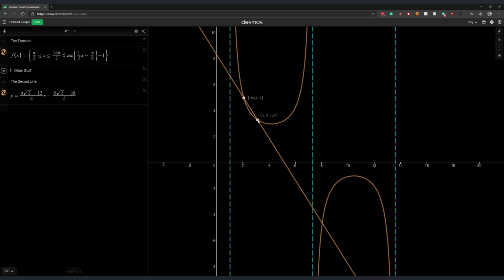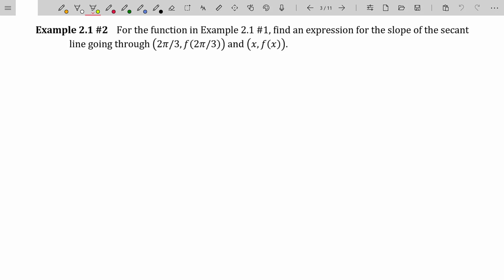Very, very nice. Now we're going to change it up a little bit. Let's suppose that we have the same example that we just played with there, but this time we're asked to find an expression for the slope of the secant line going through the points 2 pi over 3 comma f of 2 pi over 3 and some arbitrary point on that curve placed at x comma f of x.